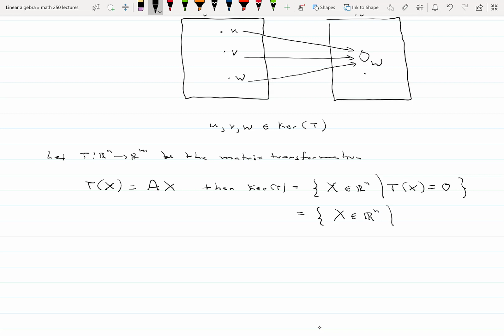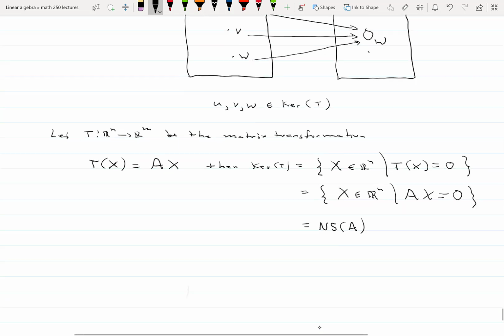It's the set of all X in Rn such that AX equals 0. What is another name for this space? It is called the null space of A. So the kernel of a matrix transformation is nothing more than the null space of the matrix that defines the matrix transformation.